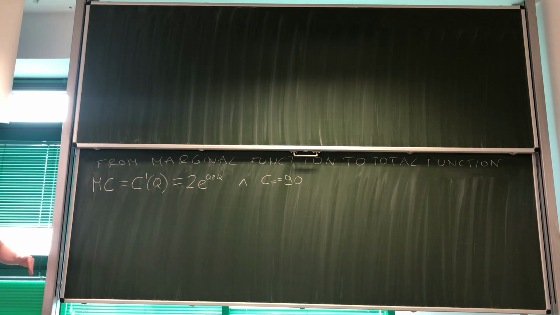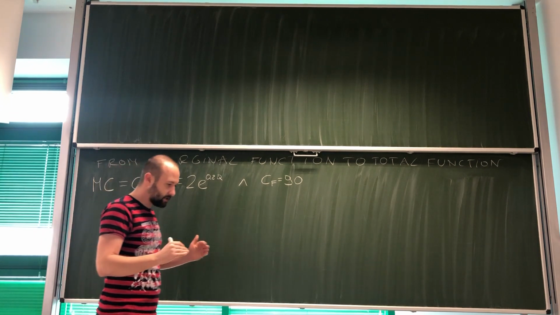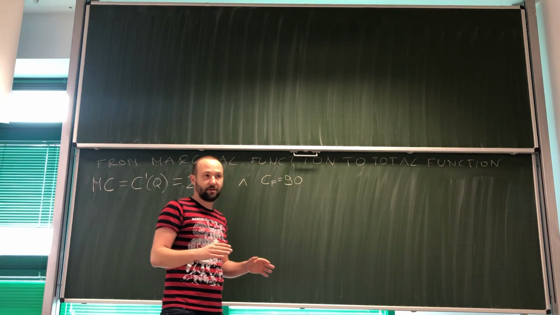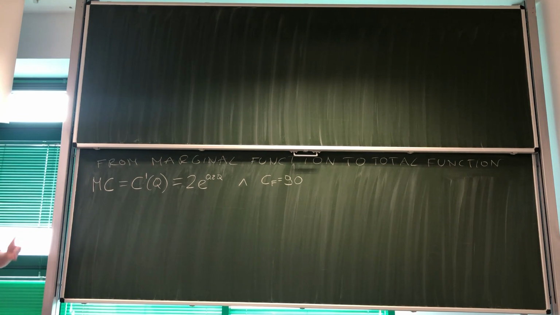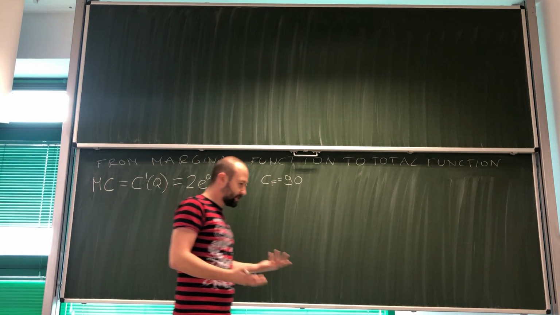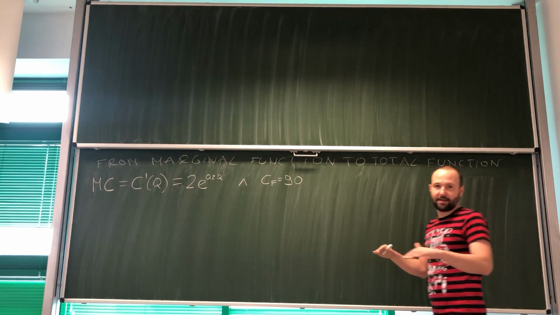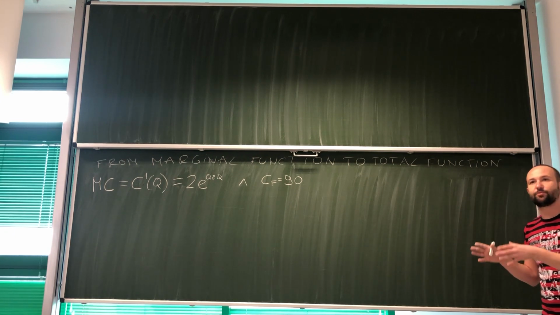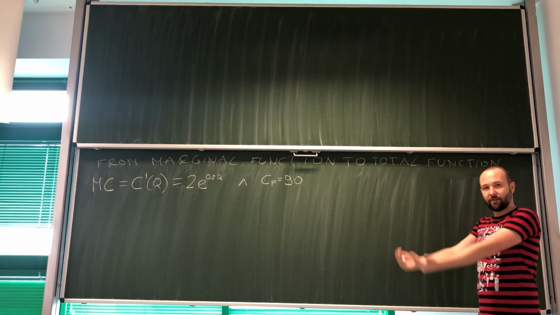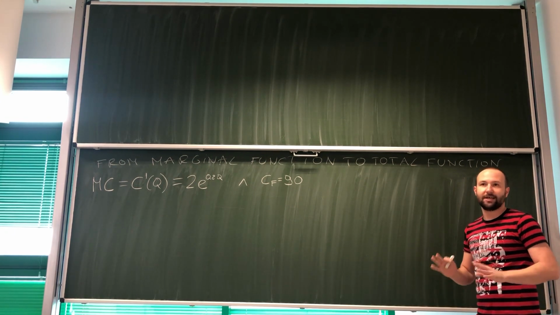Fixed cost is the cost of production that is not associated with the level of production. This is the cost associated with everything that is not directly used in production. So if the level of production increases, this cost doesn't change.